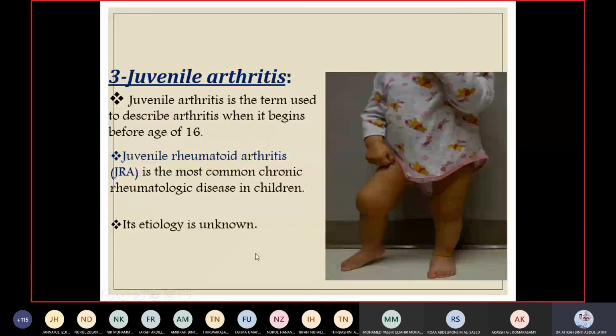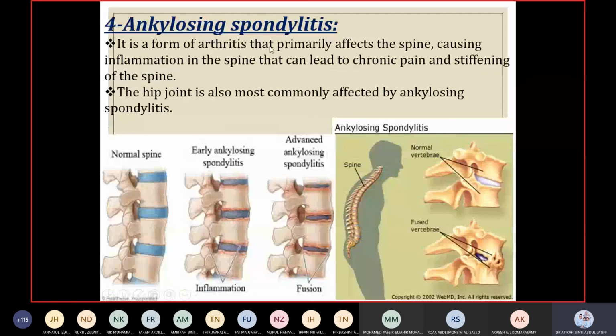Okay, so next is ankylosing spondylitis. In this type of arthritis, it only affects the spine. Again, it is inflammation, and the cause of inflammation is unknown. It's called autoimmune. If you've heard of autoimmune disease, there's a lot of autoimmune disease out there where our own immune system attacks our own healthy body.